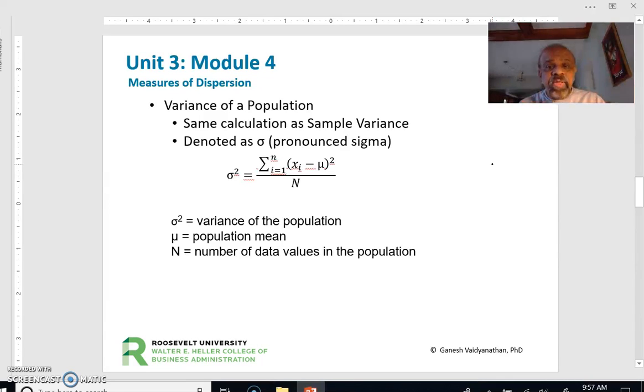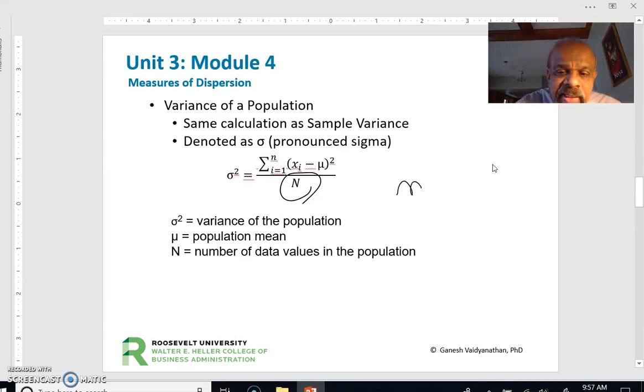Most of the time, you take a sample variance. You don't do the population that much, because it is very tough to do observations on an entire population. So you take a sample and do it. That's the basic idea. The one thing that you want to know is, in a population, the only difference is the number of data values.